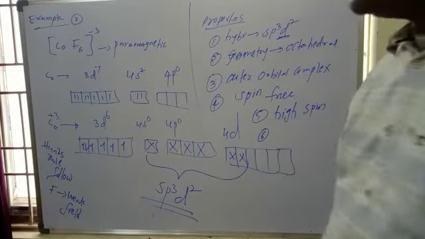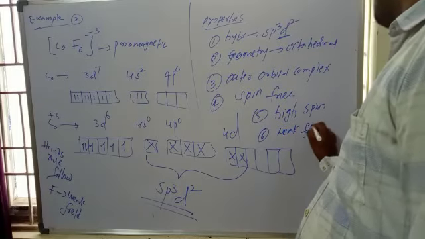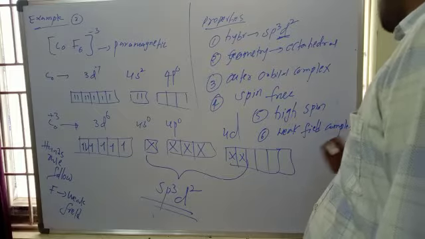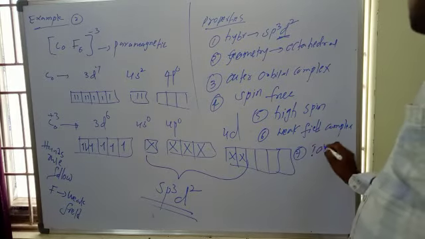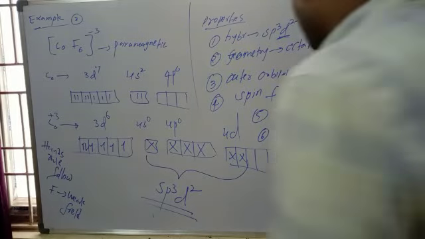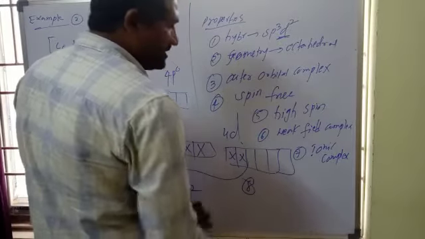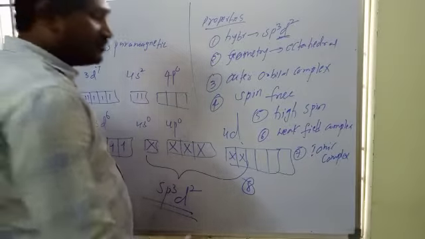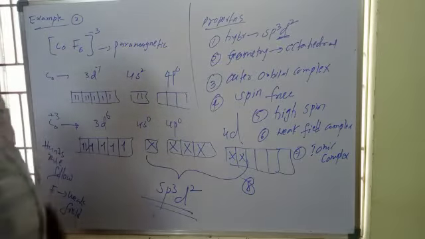Number six, this is a weak field complex. Number seven, this is an ionic complex. Number eight, the magnetic nature is paramagnetic, because there are 4 unpaired electrons.